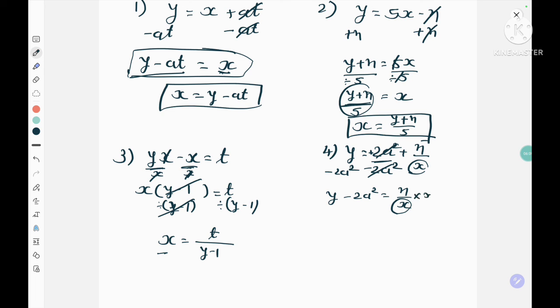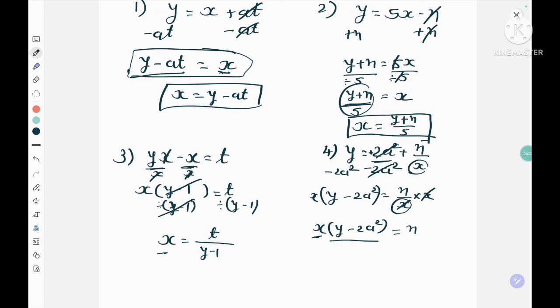So multiply both sides by x, right? So here remains x times the bracket y minus 2a squared, because when I move this x to this side I have to multiply both terms, y and 2a squared. And here x and x cancel down, so n remains. Okay, we are not making n the subject, we are making x the subject.